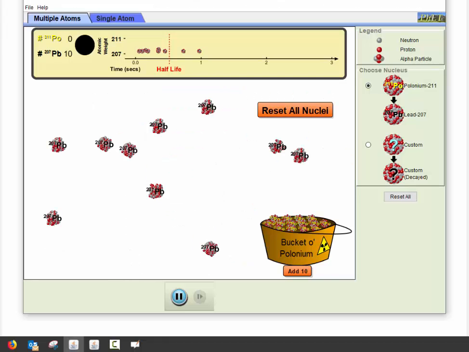Now just a really quick show of a simulation here. This simulation is going to be of alpha decay, and we're going to have neutrons, protons, and alpha particles. And I'm just going to reset all of my nuclei. It's kind of a lead-in to when the decay is going to happen. But we're going to start off with polonium, and we're going to end up with lead.